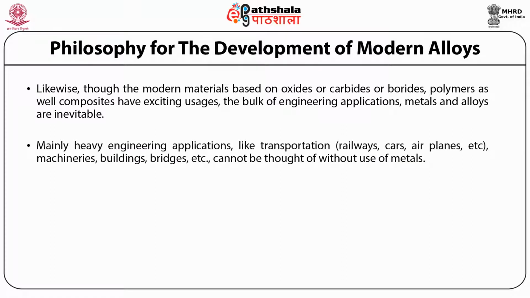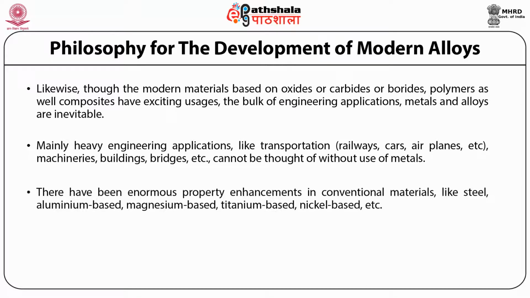Mainly heavy engineering applications like transportation, machineries, buildings, bridges, etc. cannot be thought of without the use of metals. Of course, with time, there have been enormous property enhancements in conventional materials like steel, aluminium based, magnesium based, titanium based, nickel based, etc. Hence, opportunities of the usage of metals are also increasing.